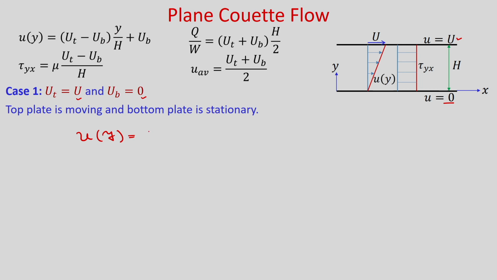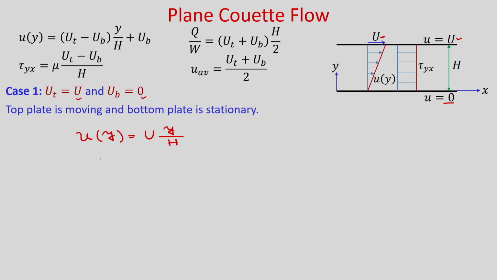You will get just u(y) = U y/h. So, it will vary from 0 at the bottom plate to U at the upper plate. This is the velocity profile.